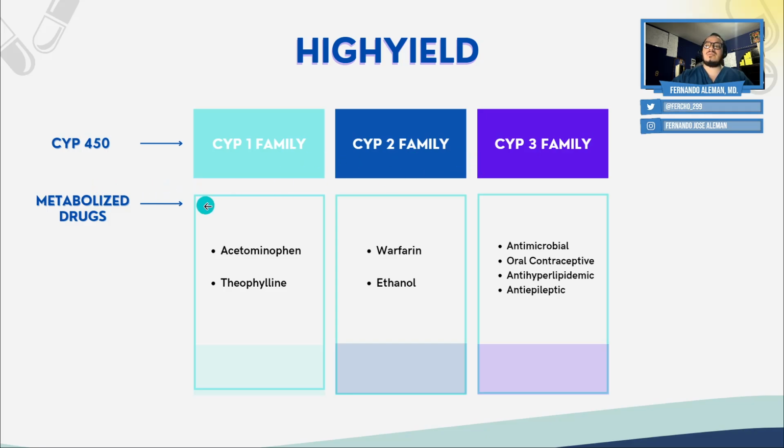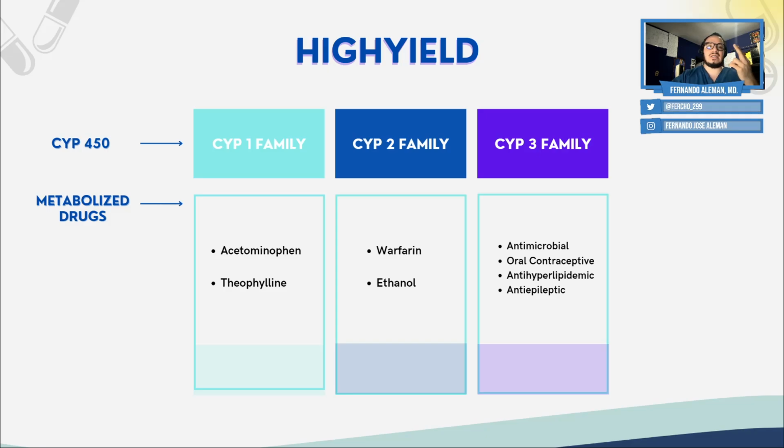Then we need to know which drugs are metabolized by the first, the second, and the third family. For the first family, we have two drugs. The first is a drug that I am pretty sure we use each and every single day, acetaminophen. And the second is a drug that is not that used, which is theophylline.